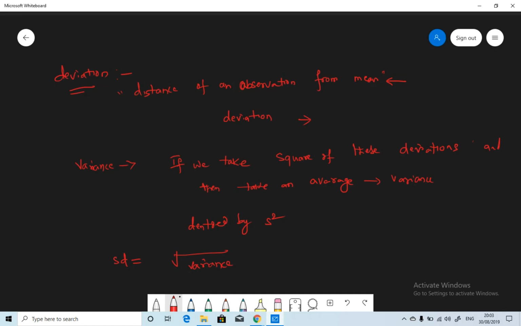Now write down the formulas here. Standard deviation is the square root of sigma (x minus x bar) whole square divided by n minus 1, and we have sigma (x minus x bar) square by n.